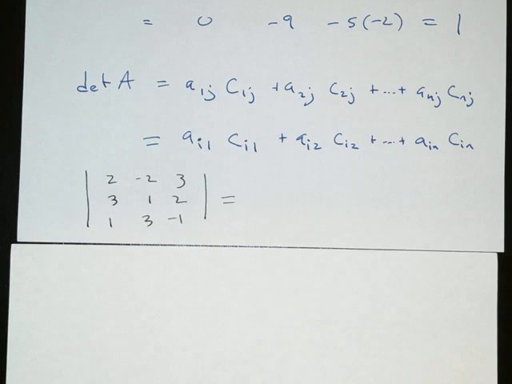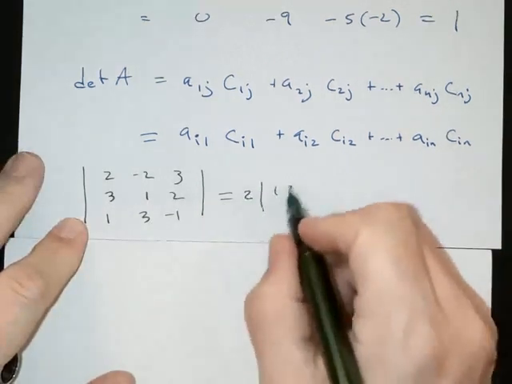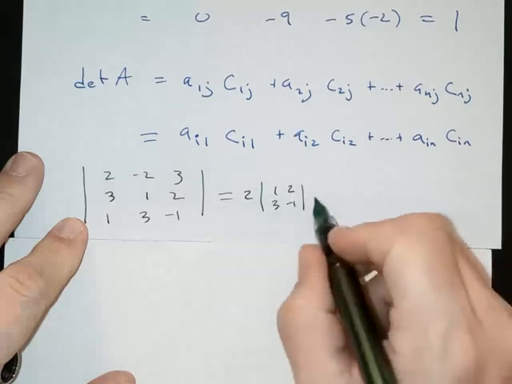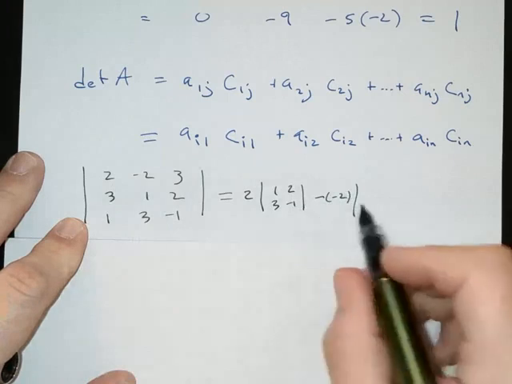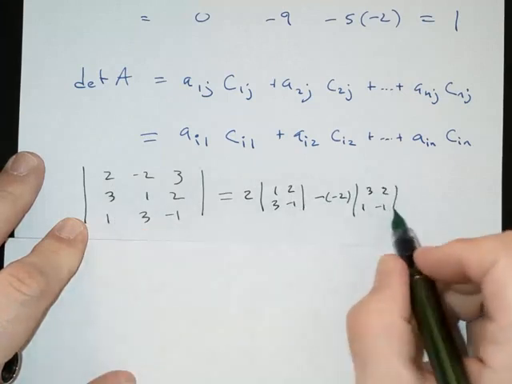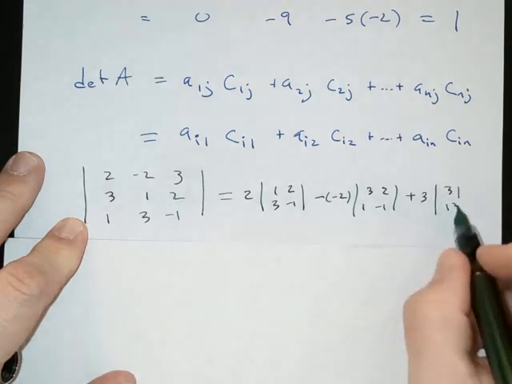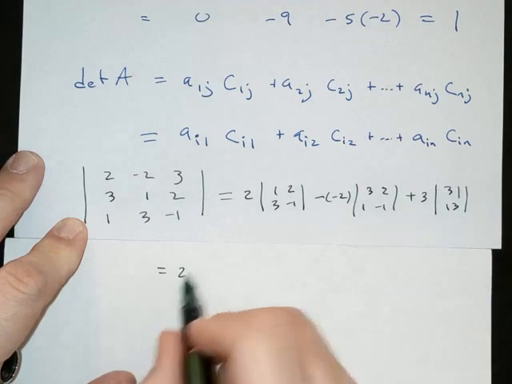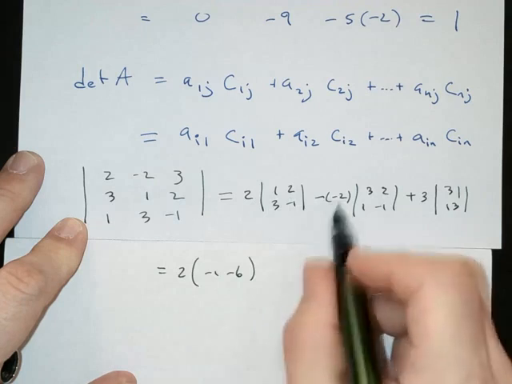Oh, which way did you go? Great. 2 times 1, 2, 3 minus 1 minus negative 2 times. That's where the plus minus. Now I'm going to get 3, 2, 1, negative 1 plus 3 times 3, 1, 1, 3. Negative 1 minus 6.